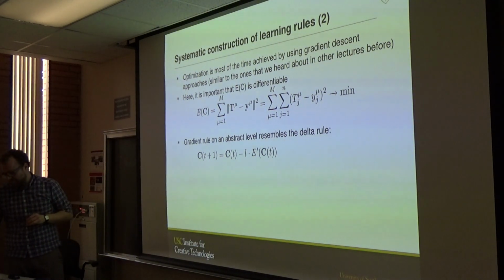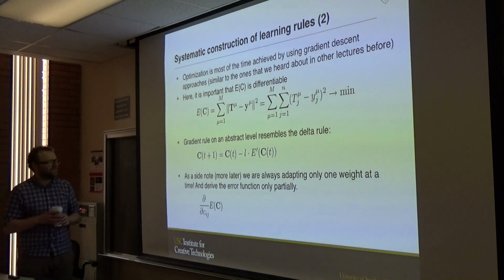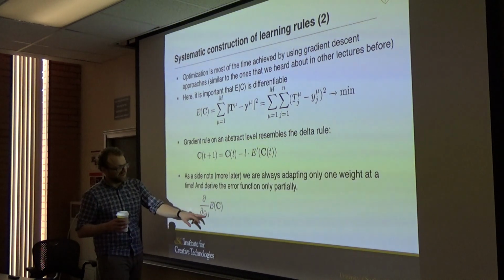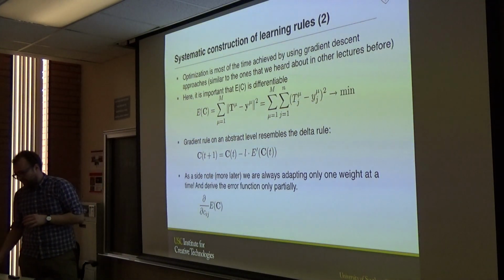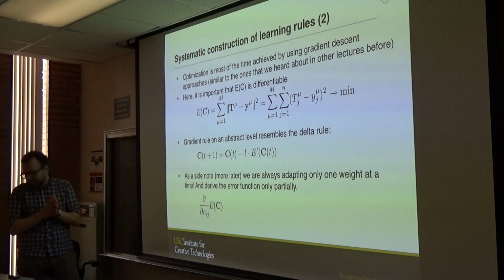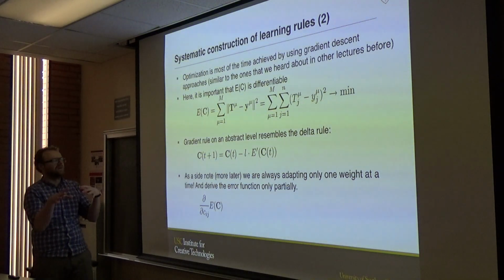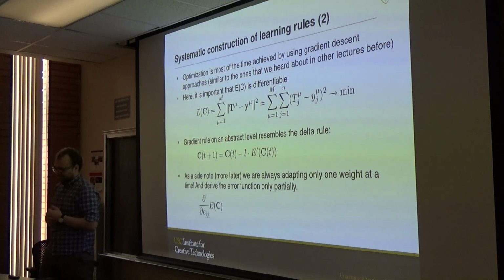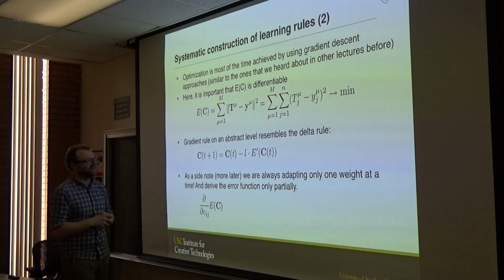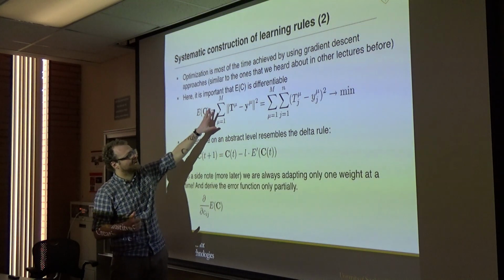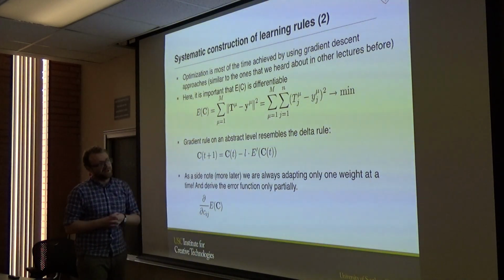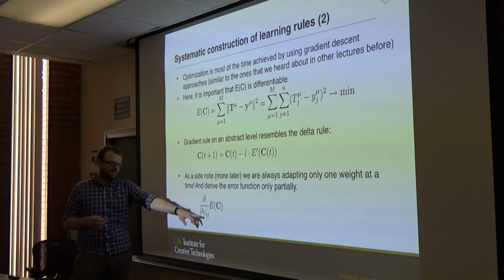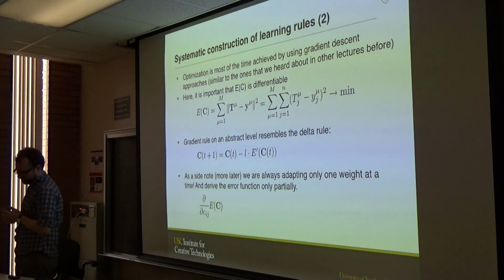To simplify that, obviously we're not computing that for the entire matrix, but for each entry separately. And this is how you systematically construct learning rules, okay? All you need to do is be able to differentiate this equation with respect to each of those weights, and we're going to talk about that in a second.